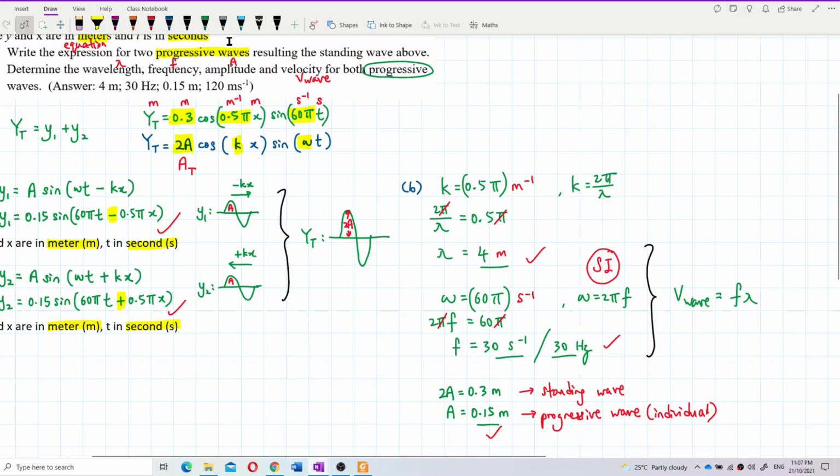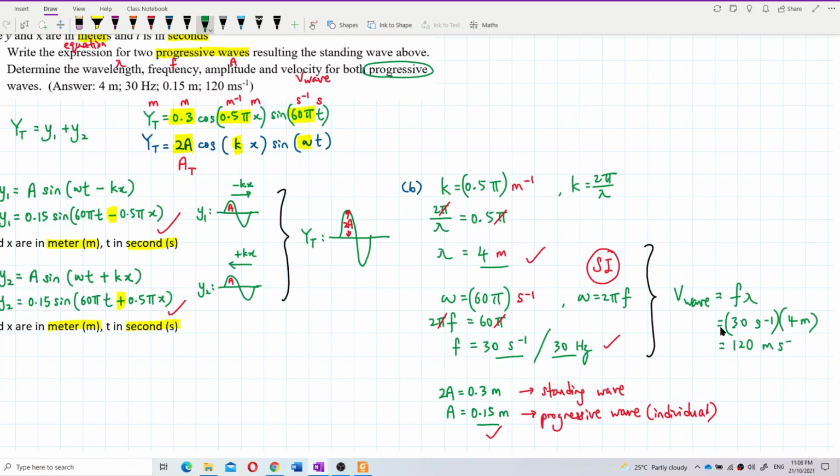So substitute. Our frequency is 30 hertz, or 30 per second, and then our wavelength is in meter. So what's the answer? 4 times 3 is 12, so 120. Unit is meter per second.